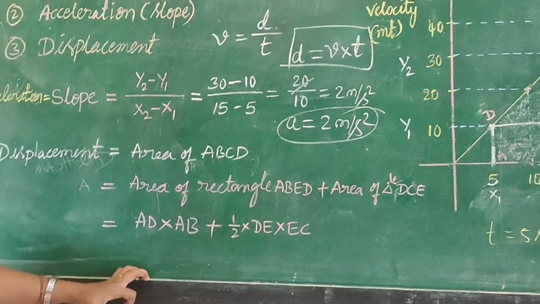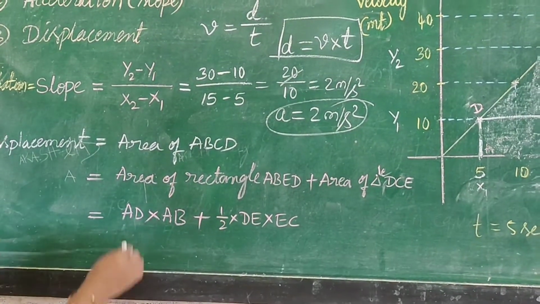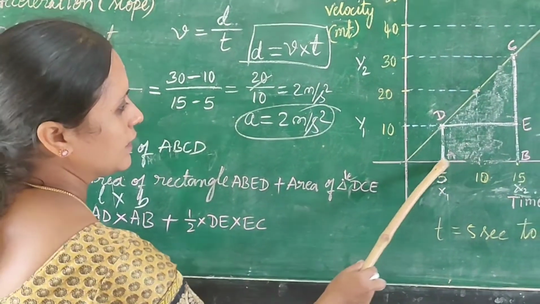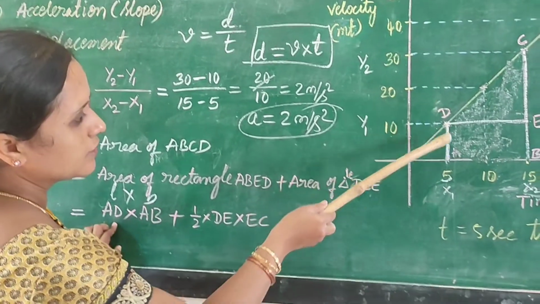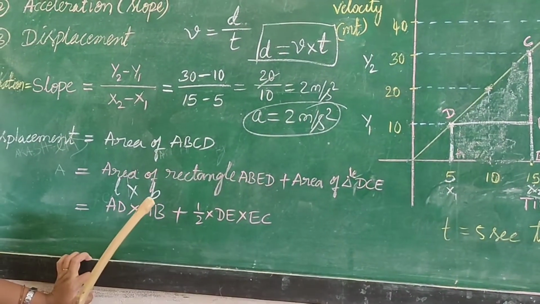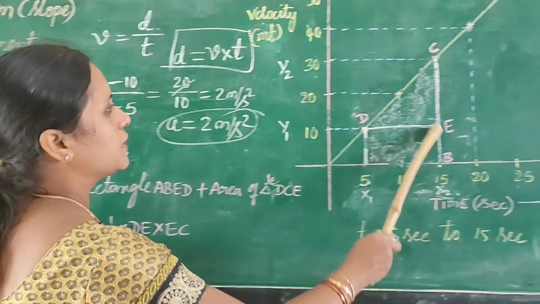Students, you know what the area of a rectangle is. Area of rectangle is nothing but length into breadth, L into B. Here length is AD and breadth is AB. Plus, what is the area of the triangle?